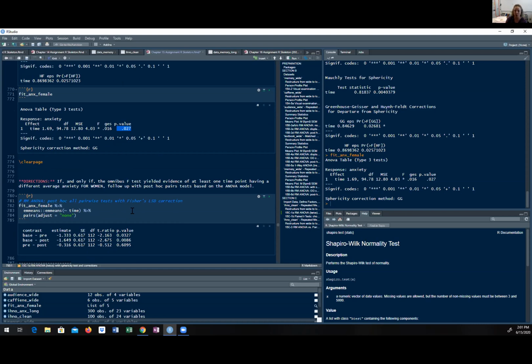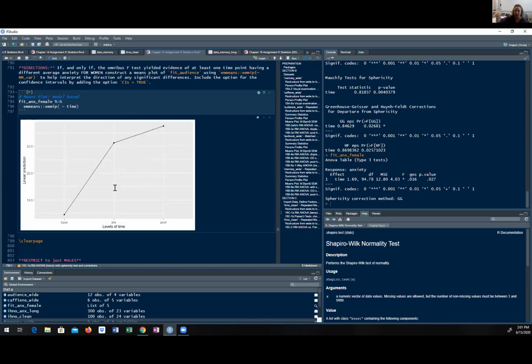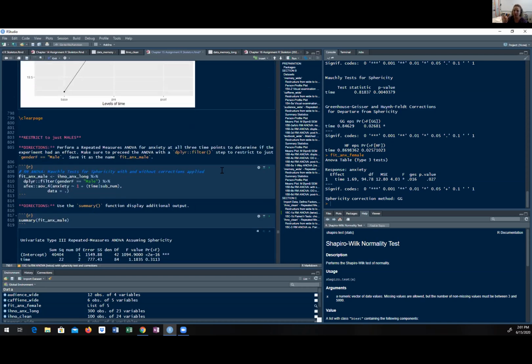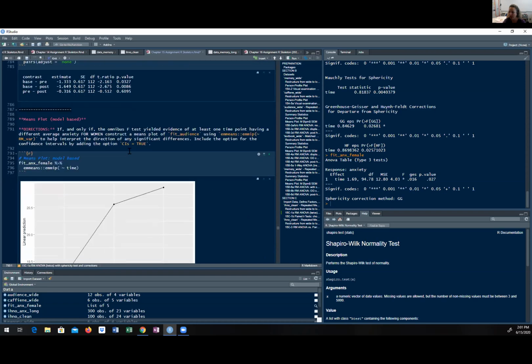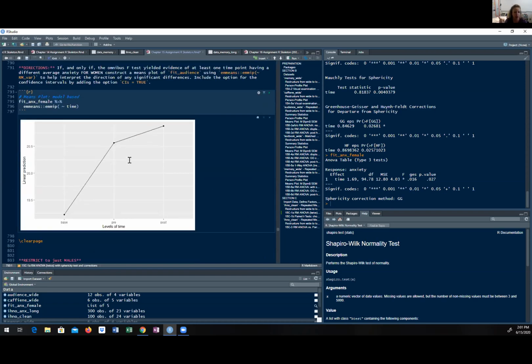Now, you can do the post-hoc test to see which time points. Kimberly, can you go back up to that plot? This was another thing that someone asked about in office hours on Thursday. When you do the emmeans EMMIP, the IP is for interaction plot. We don't have an interaction here, but it's still the command.